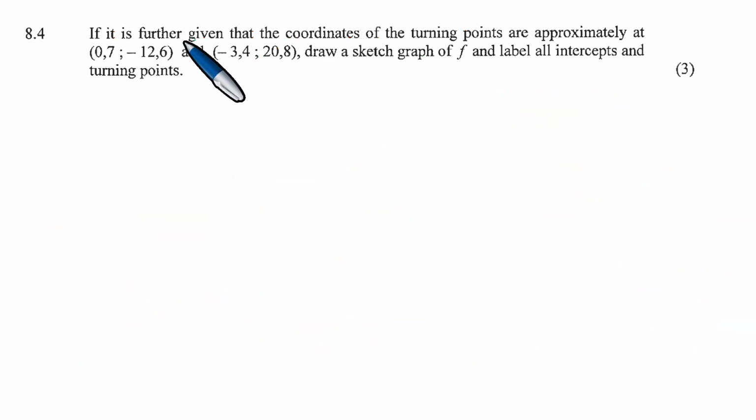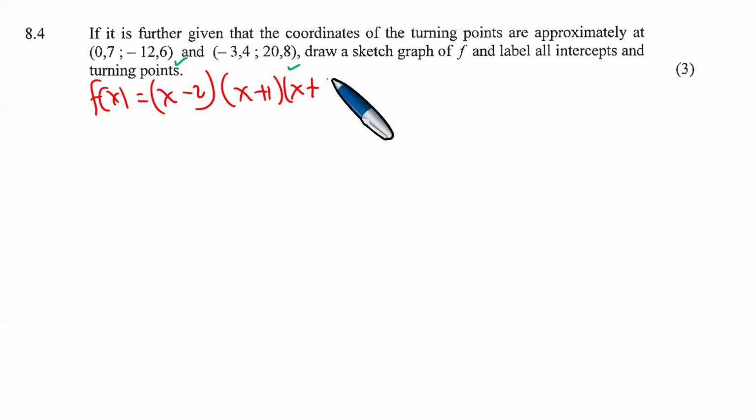If it is further given that the coordinates of the turning points are approximately this one and that one, draw a sketch graph of f and label all intercepts with the axes. There are a couple of things that we already know. For the x-intercepts, we know that f of x is x minus 2 in parentheses, x plus 1, x plus 5.